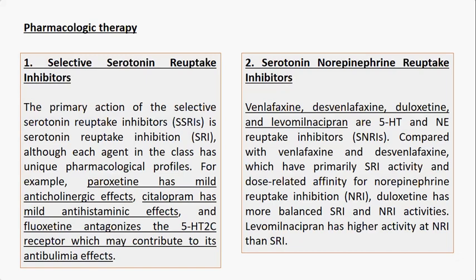For example, we have the paroxetine, and this drug is known to have anticholinergic effects. And also another member of this class is citalopram, which has mild antihistaminic effects.